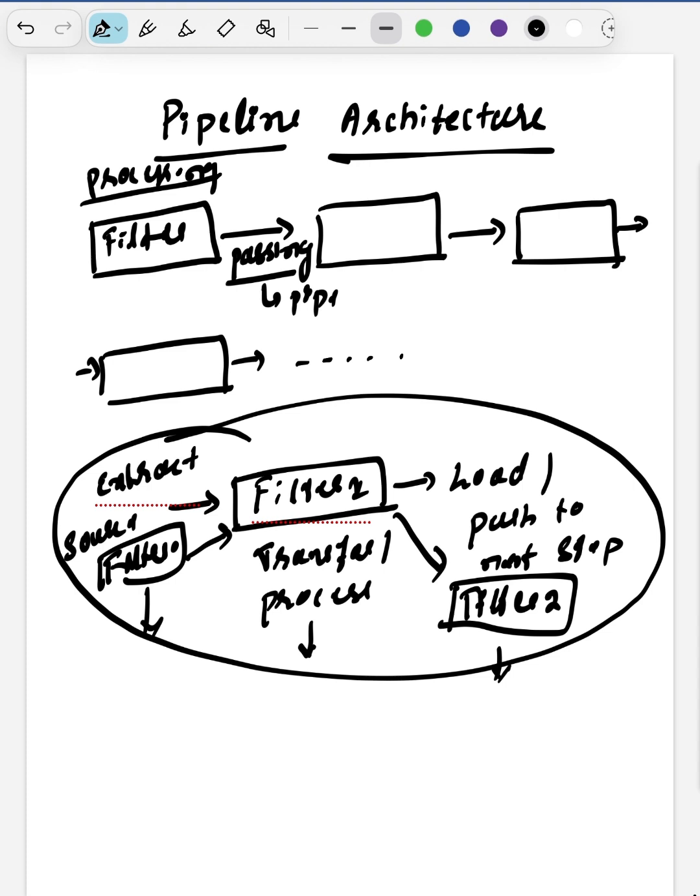Next morning, when a bank manager opens their dashboard, he can see total transactions for the last 24 hours, filter by top categories, and find out what the suspicious transactions are. All of that data is cleaned, transformed, organized, and categorized.